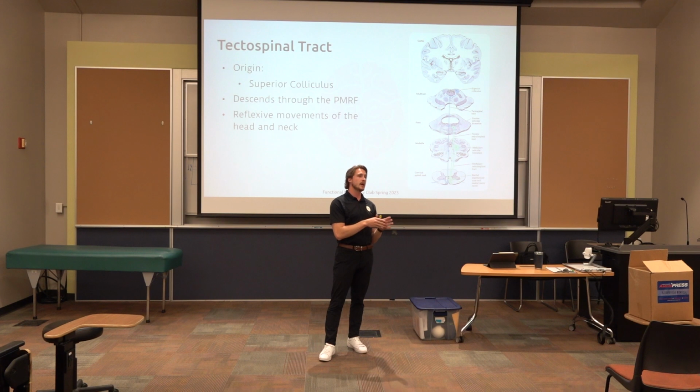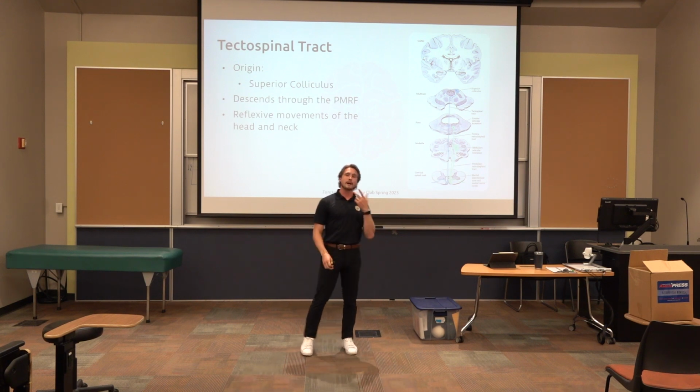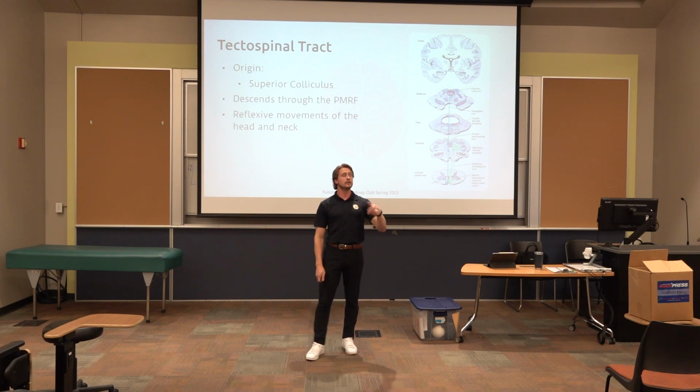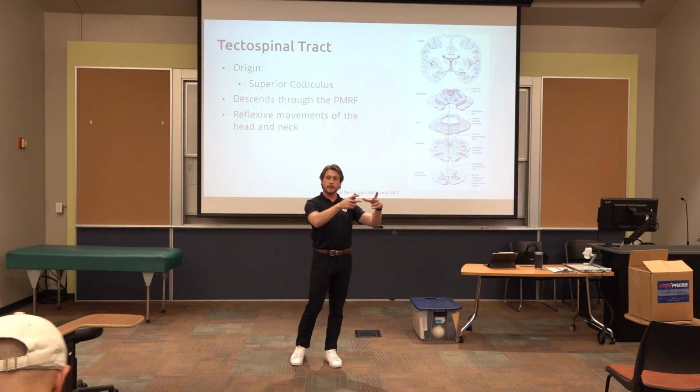So one of the things that you guys might have experienced before, that's actually happened to me, is, let's say I've got an exam coming up, and we all know how those are. I'm getting super stressed and really worried, and what if my neck starts to hurt a little bit? The reason that can play into both of these together is we know that our PMRF is part of the autonomic division.